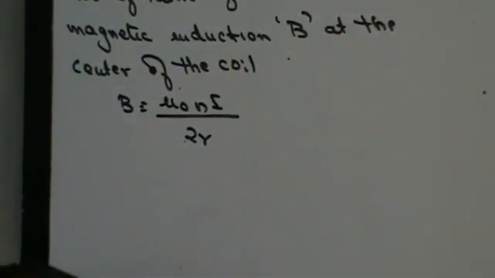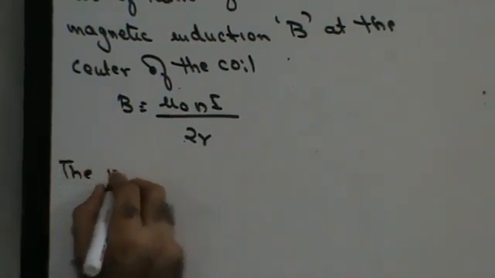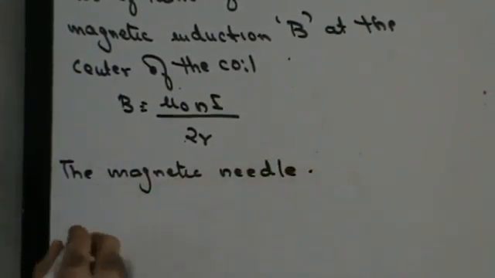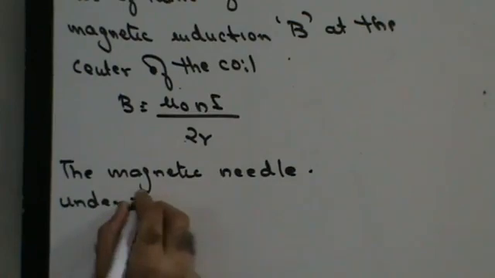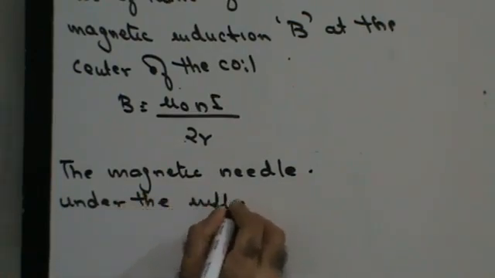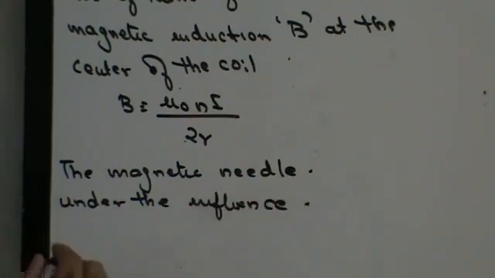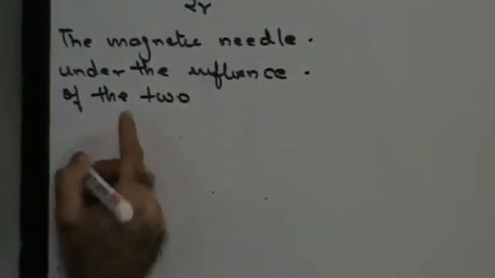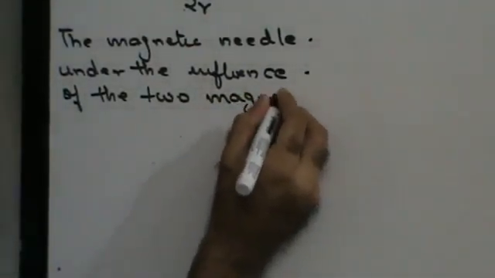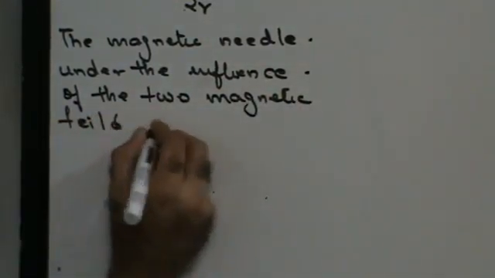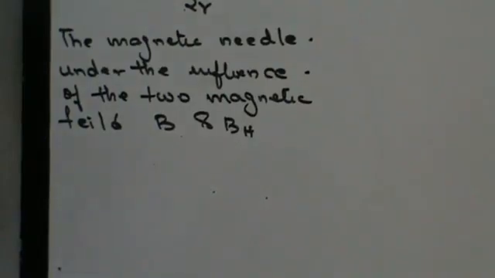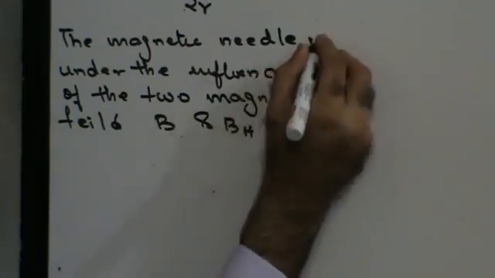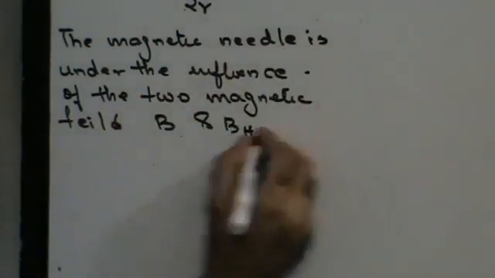So the magnetic needle is under the influence of two magnetic fields, B and BH, which are at right angles.